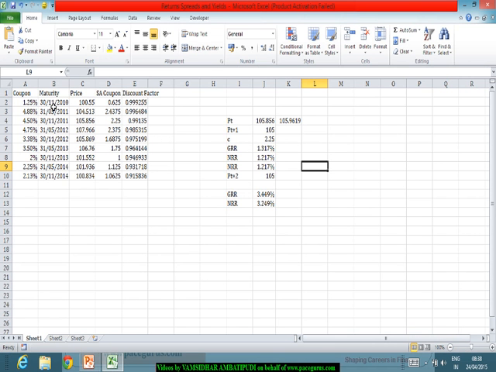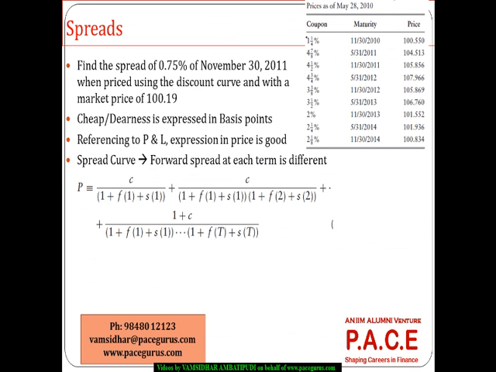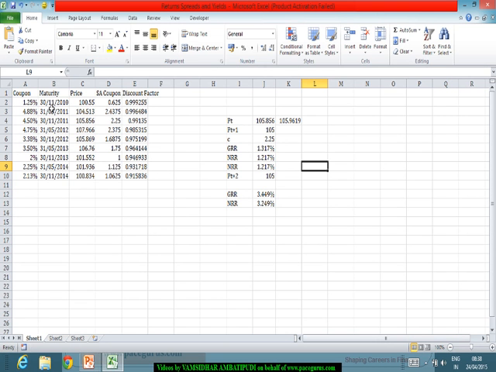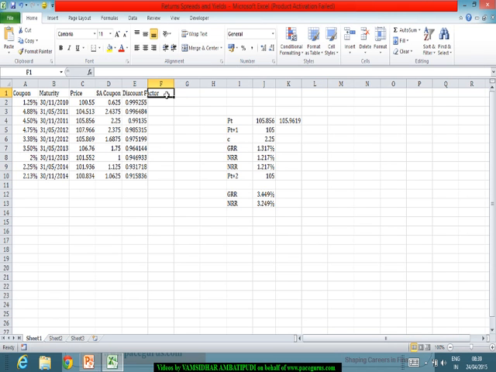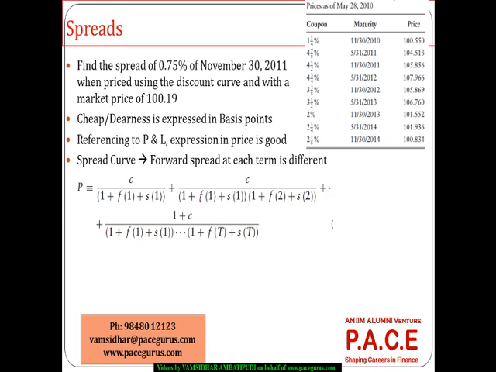Let me take the spreadsheet. Okay, this is the spreadsheet where I have all these different bonds that are available. These are the prices. These are the discount factors that I have derived from those prices. And just to recollect the conceptual part, from the discount factors, we can very well compute the spot rates.